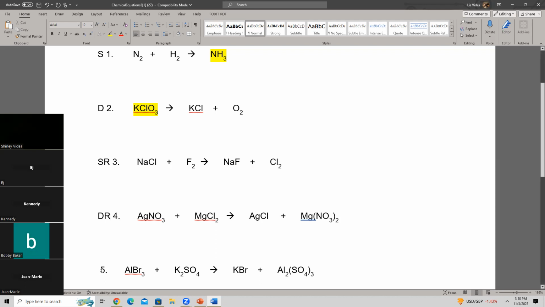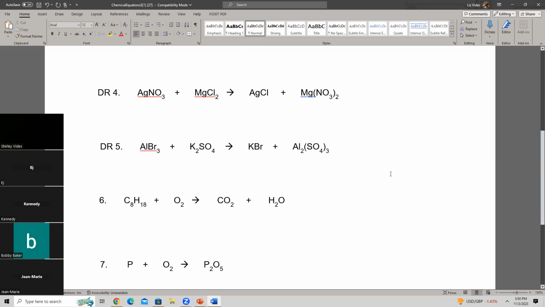Look at the next one. What do you think that one is? That is another double replacement, because they have two products. Also, if I color them, like I give aluminum yellow, and I give bromine, let's say green, you'll see what happens.